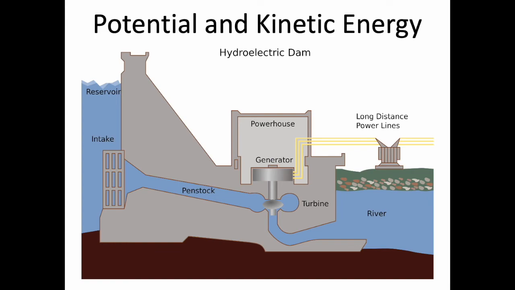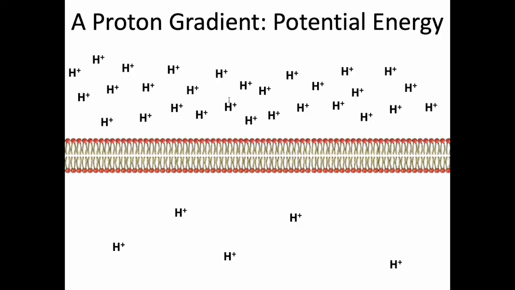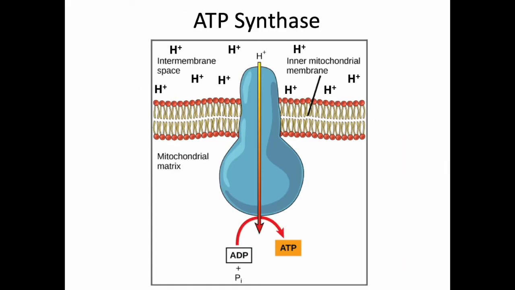The protein that we're going to use to harness the energy of this proton gradient is a protein called ATP synthase. And what ATP synthase is going to do is allow these hydrogen ions, these H pluses, these protons, to flow through itself. ATP synthase spans the membrane.